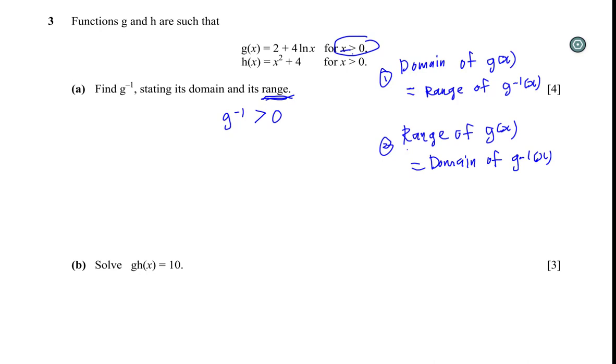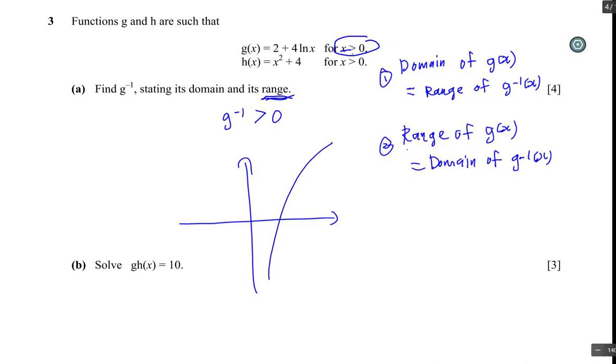Okay, then after that, because I need the domain for g inverse also, I need to know what is the range of g(x). If you know the graph for ln x, it will look like this. It is the reflection of e to the x, so it looks something like this.